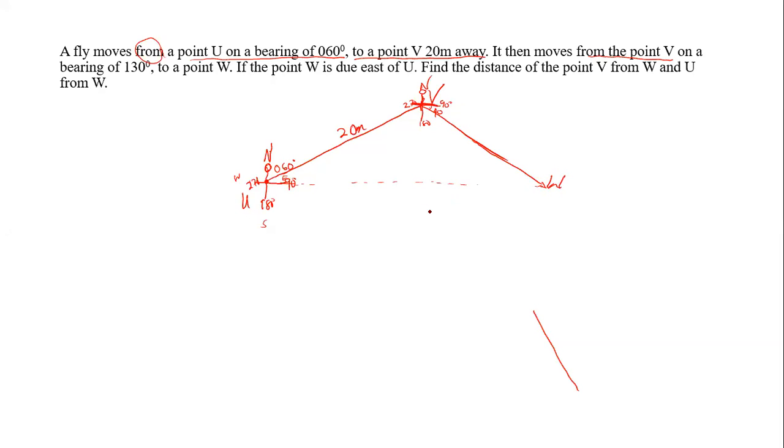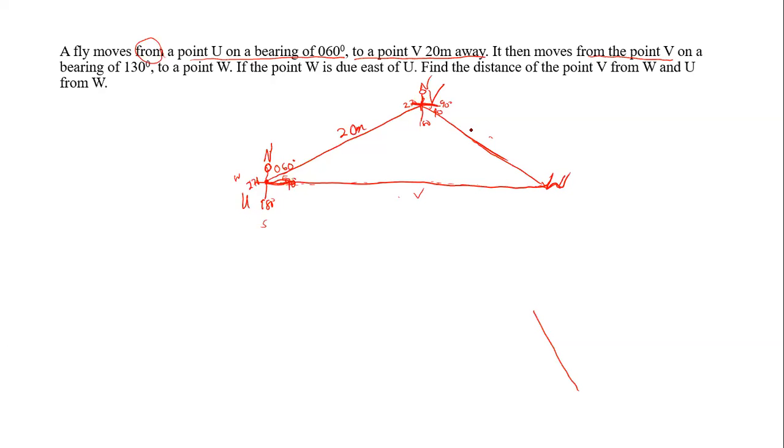It said find the distance of point V from W and U from W. So we can just try to close up. They want us to find this value and this value. Now this is V, this is W, and this is U. The side opposite to angle V is called small v.